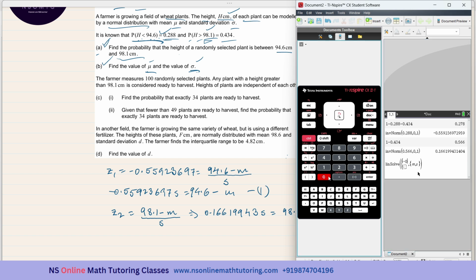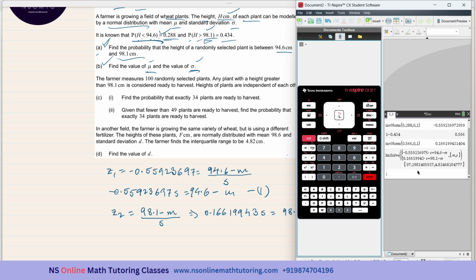It is negative 0.559236975 times S is equal to 94.6 minus M. And the second equation is 0.16619943 times S equal to 98.1 minus M.